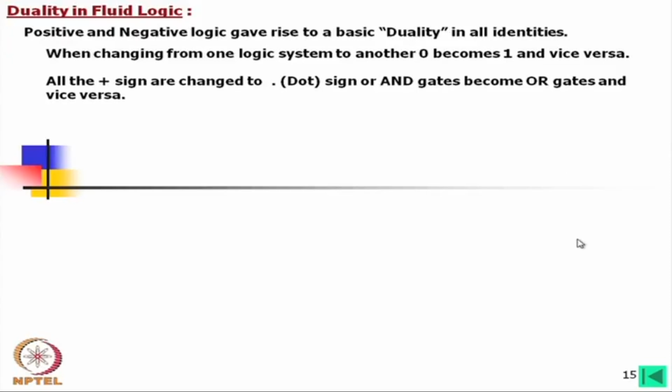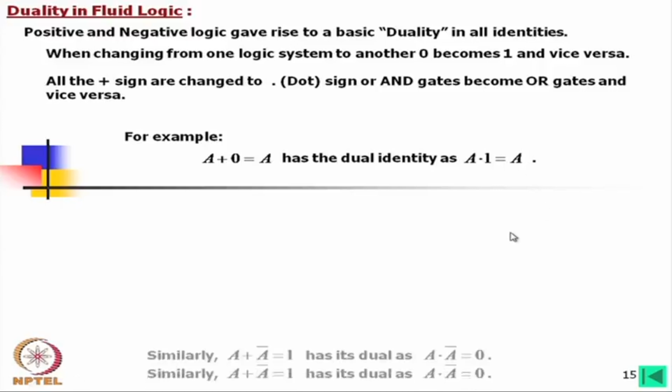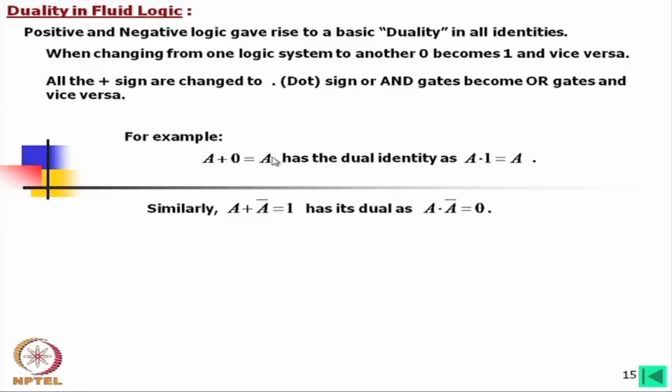All the plus signs are changed to dot signs, or AND gates become OR gates, and vice versa. From this it is called duality. For example, A plus 0 is equal to A has the dual identity A dot 1 is equal to A. Similarly, A plus A bar is equal to 1 has its dual as A dot A bar is equal to 0.